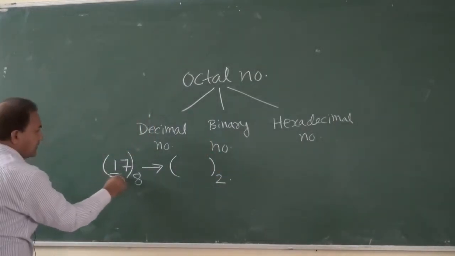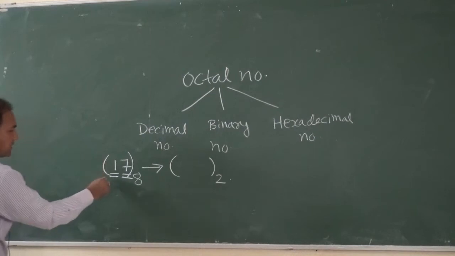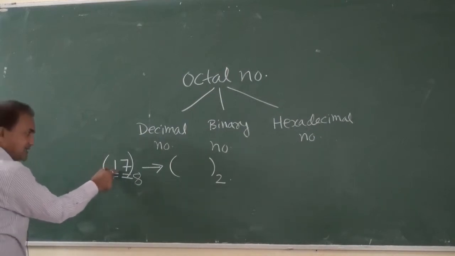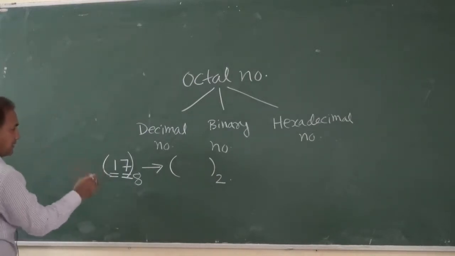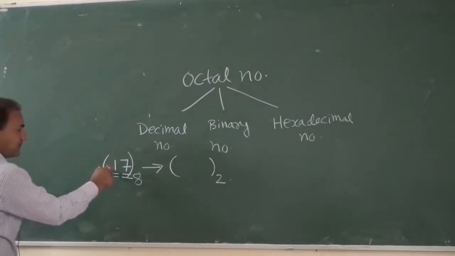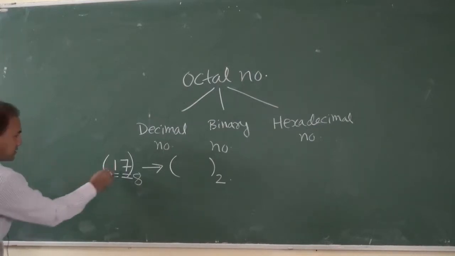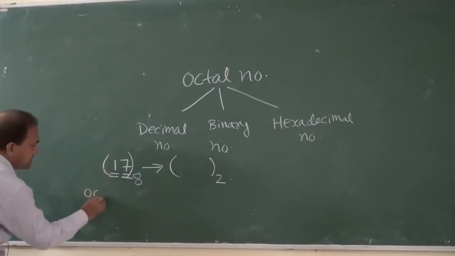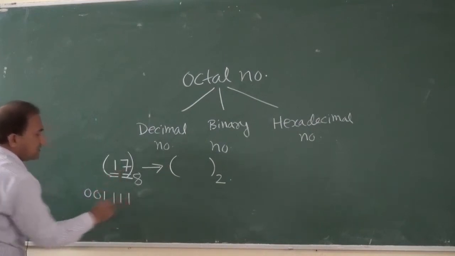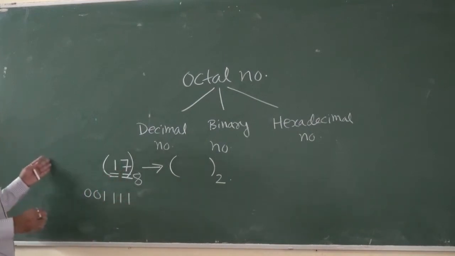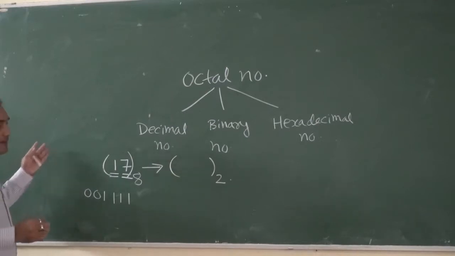For each symbol, we have to represent that symbol with binary bits. How can we represent it? By using 3 bits. So 1 is represented like this, 0 0 1. 7 is represented as 1 1 1. Just now you have seen how we can write 7 in binary.